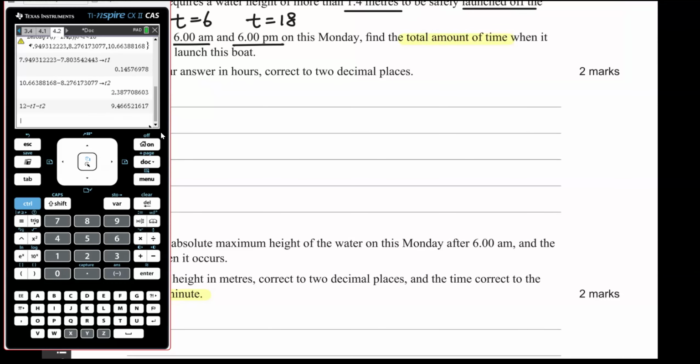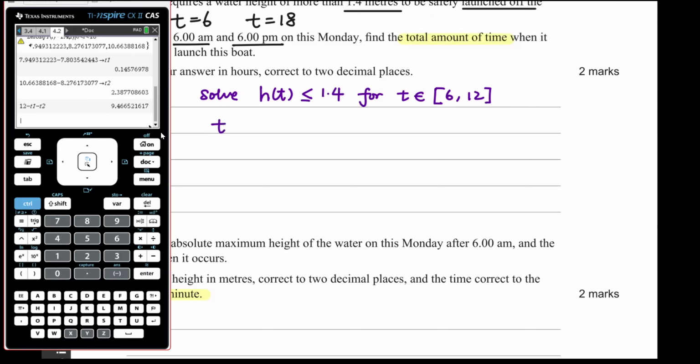We say solve h of t less than or equal to 1.4 for t belongs to 6 to 12. We get some time periods.